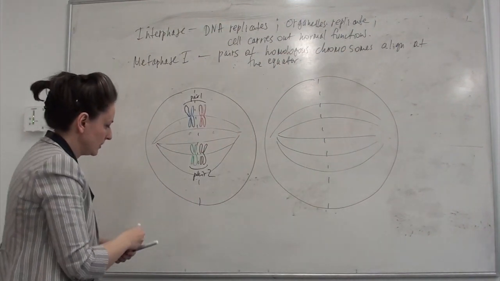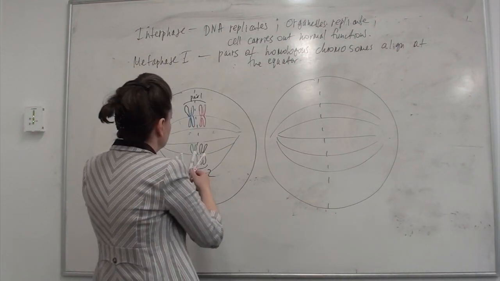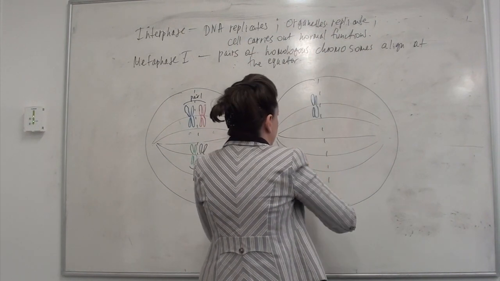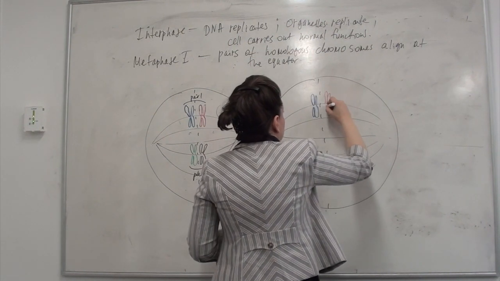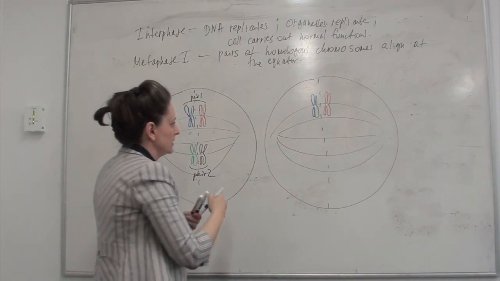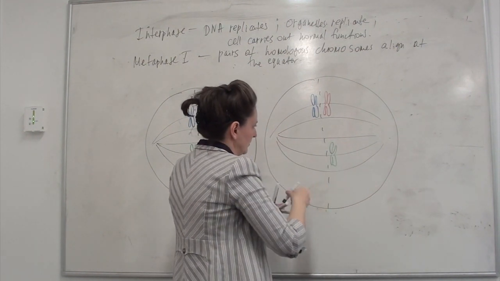So I'm going to keep the first pair, the top pair, the same as they were here. So my blue and my red. But this one, I'm going to draw it slightly differently. So let's see if you can pick up on that difference.